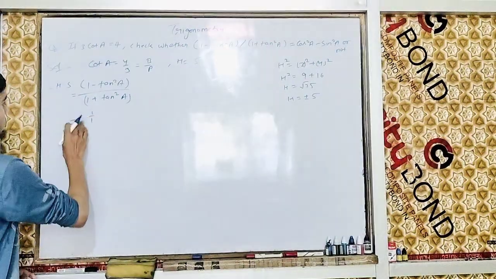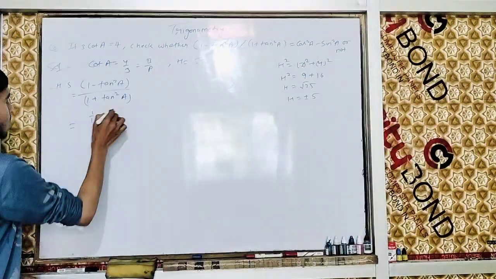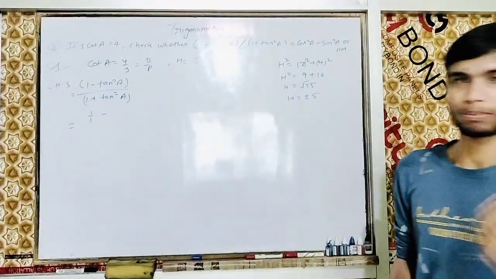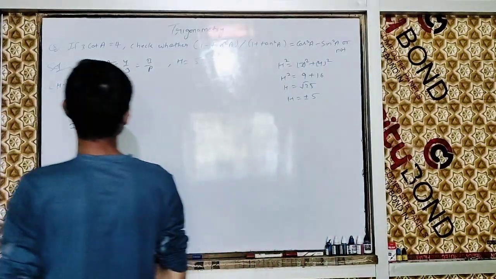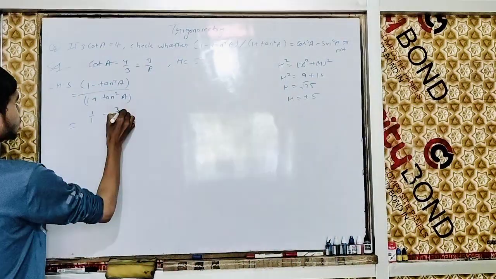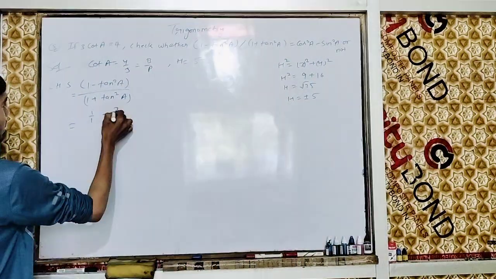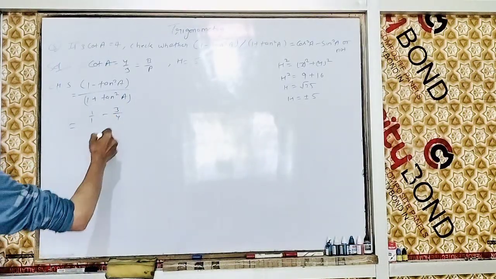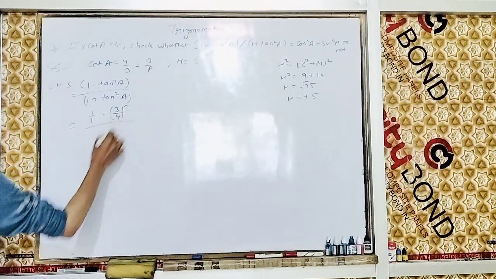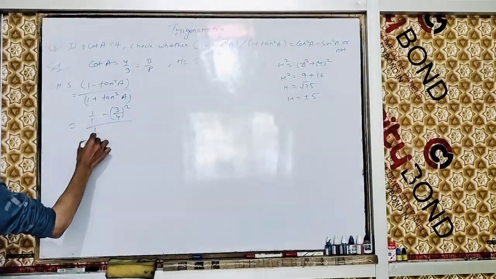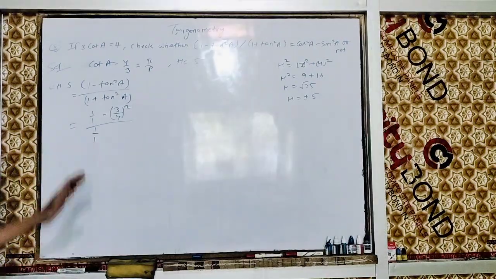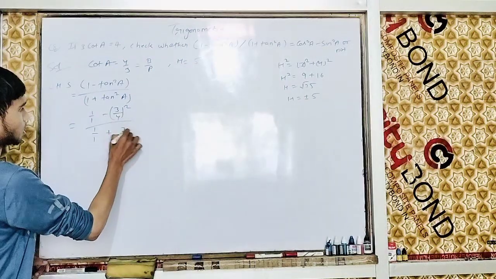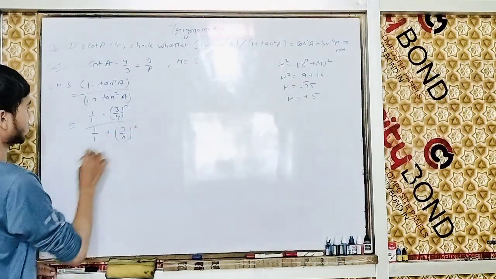We know tan is nothing but P upon B. P is 3 and B is 4, and you know that this fraction is in a square. So 1 in the denominator plus the same, 3 upon 4.